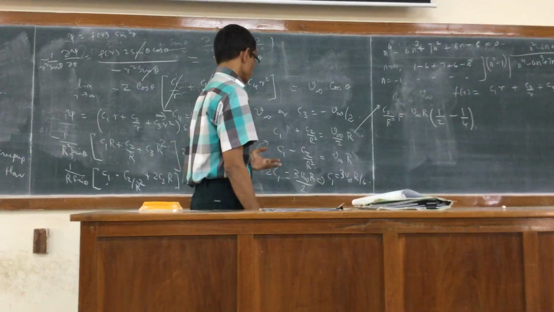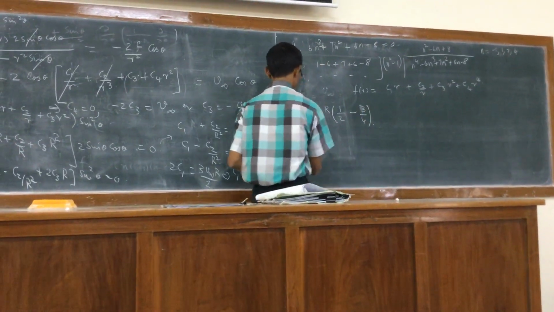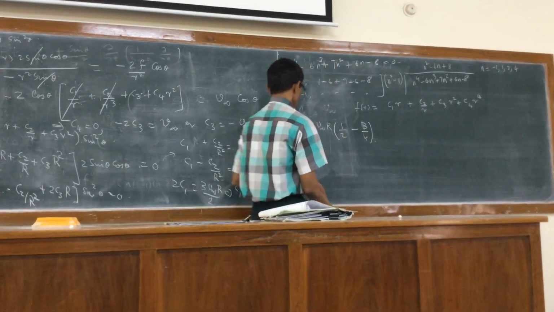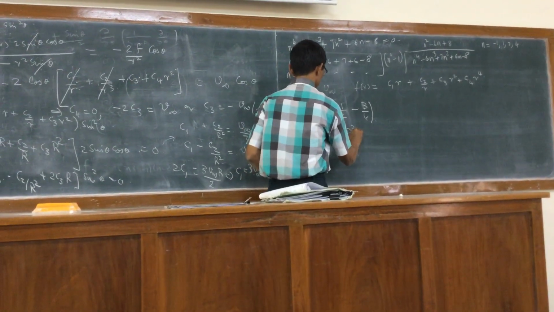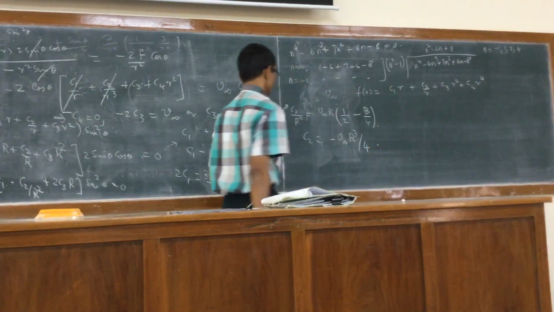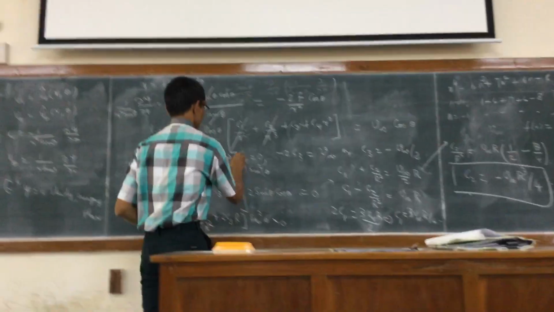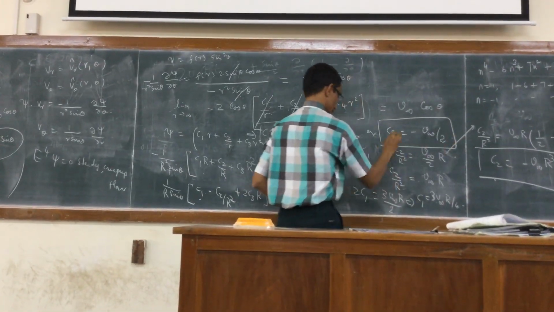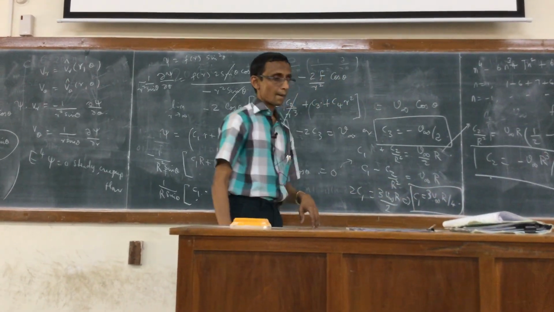So 1 by 2 minus 3 by 4 is minus 1 by 4, which means that C2 would be minus B infinity R cubed by 4. So these are the four constants that have been determined, right?